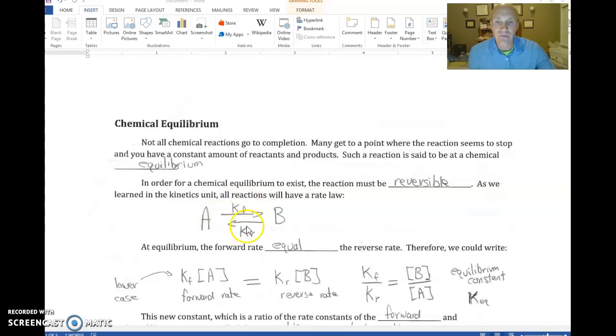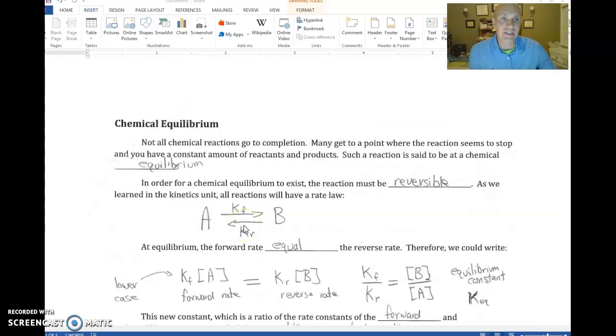When you have a reversible reaction, you actually have two reaction rate constants. If we just got rid of this bottom arrow right here, we could say A going to B. That process would have a reaction rate constant, which we could represent as Kf. The rate constant for going from B to A, the reverse process, we can call Kr.